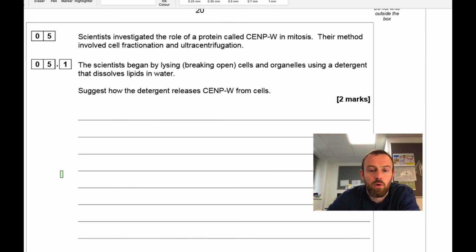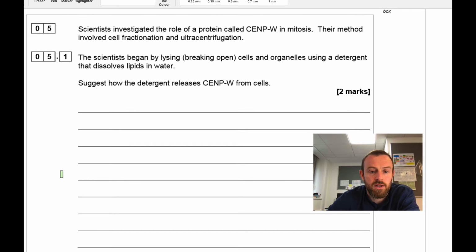Scientists investigated the role of a protein called SENPW in mitosis. Their method involved cell fractionation and ultracentrifugation. The scientists began by lysing cells and organelles using a detergent that dissolves lipids in water. Okay, so the detergent dissolves lipids in water. So what lipids are we talking about?